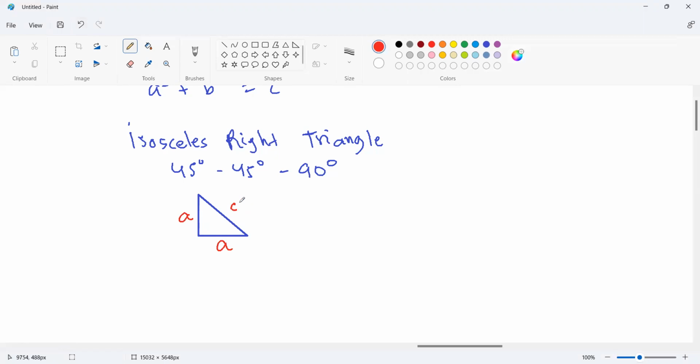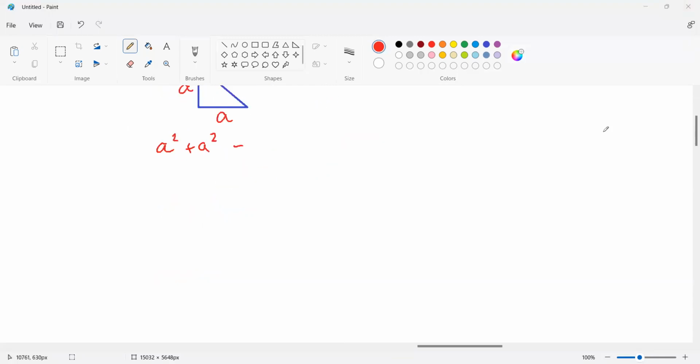This is the hypotenuse C, di ba? And using the Pythagorean theorem, it is now A squared plus A squared equal to C squared.